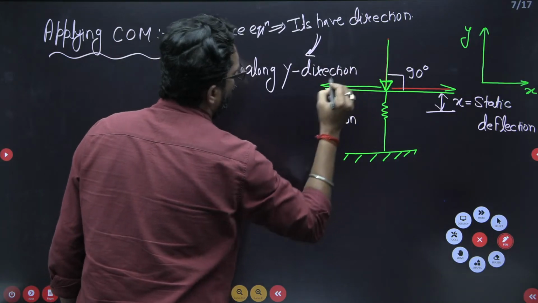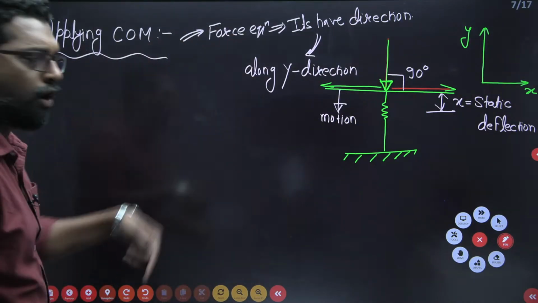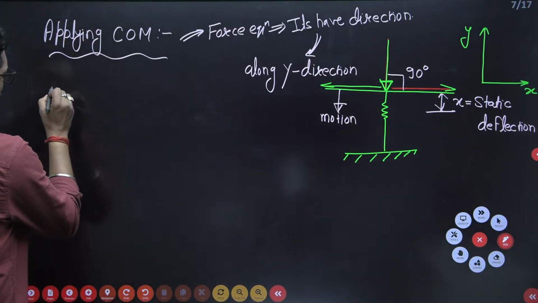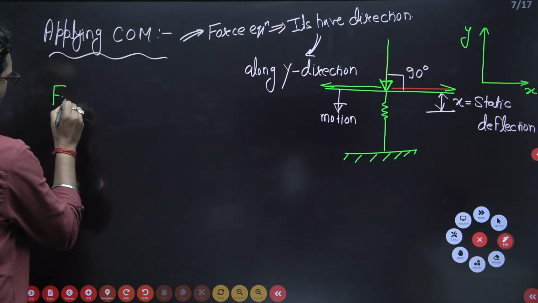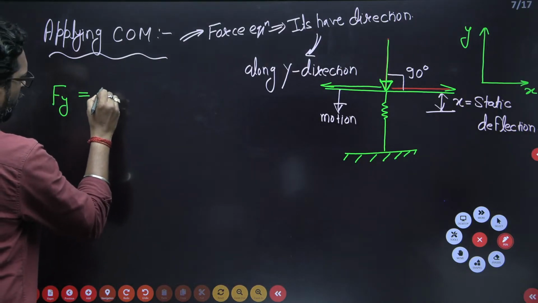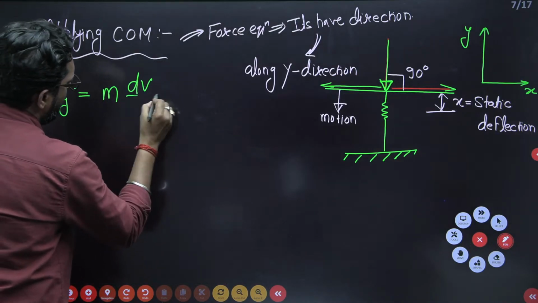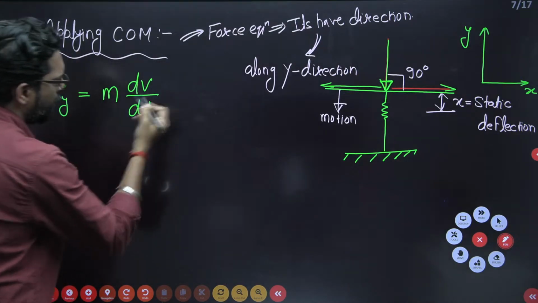Okay, opposite y direction, downward direction. So what is that? F in the y direction is equal to mass into dv by dt, you know, mass into acceleration.